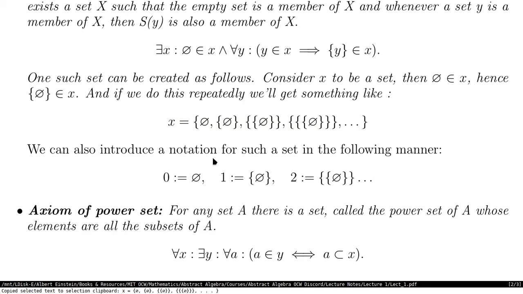You have the null set, then the set including the null set, then the set including the set including the null set, and you do this repeatedly, and you have this chain, and you have a new set. You can denote each of these sets such that the null set, which isn't included in any other set, can be 0, then 1 is this singleton, then 2 is this set within itself. Like this you can have the entire set of whole numbers actually.